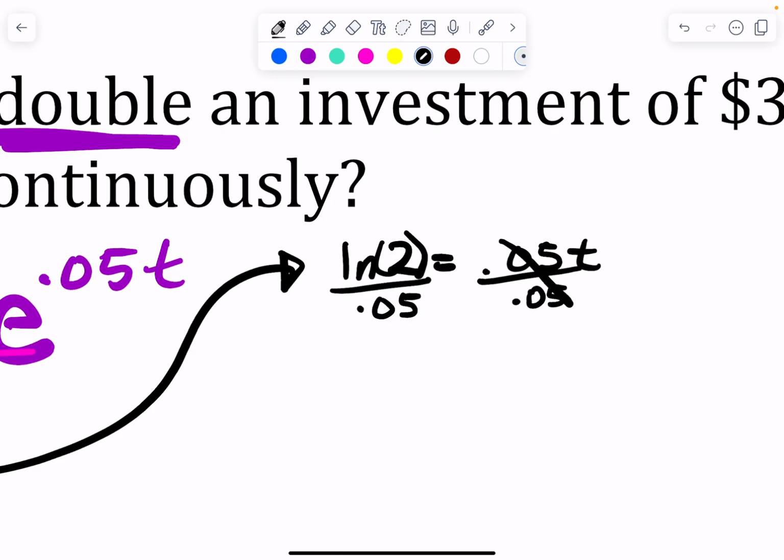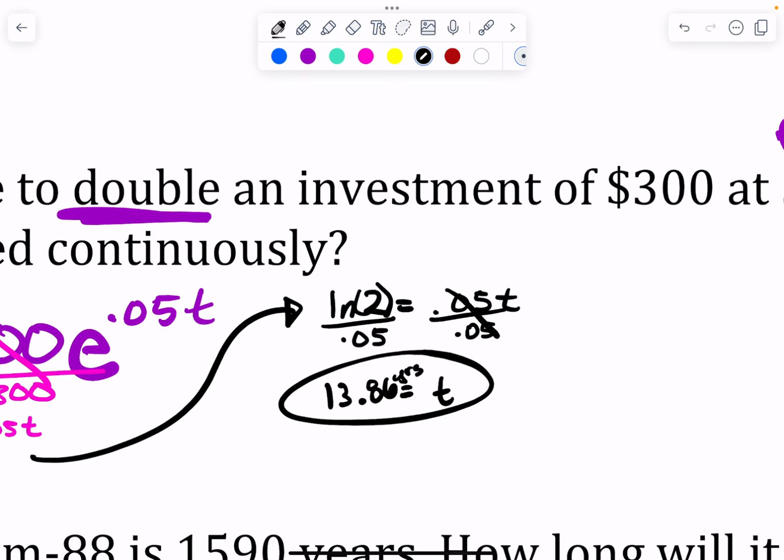Or I would just do ln 2 enter, divide by 0.05 enter, okay? And let's see what I get. I got time as being 13.86 years. Okay, 13.86 years.